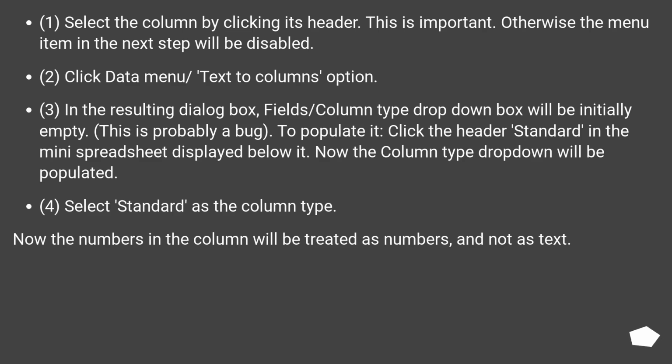This is probably a bug. To populate it, click the header Standard in the mini spreadsheet displayed below it. Now the column type drop-down will be populated. 4. Select Standard as the column type. Now the numbers in the column will be treated as numbers, and not as text.